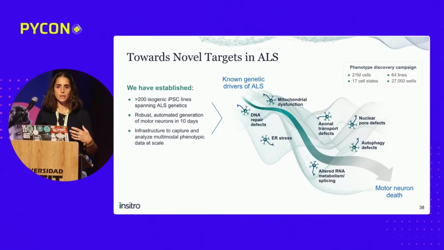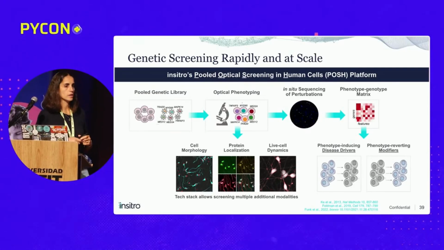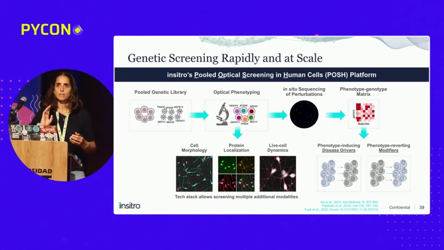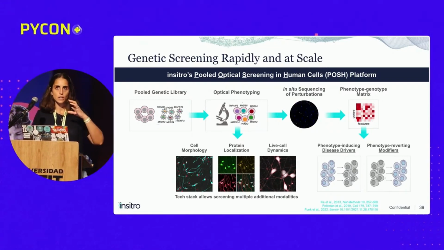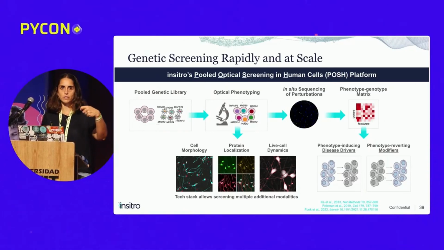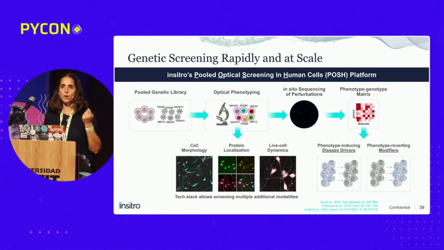But what does it mean to screen? When we are thinking about building a screen, what we are in general imagining is, if I perturb, either I do a drug treatment or I do an environmental stress or I do a genetic treatment, what are the consequences?